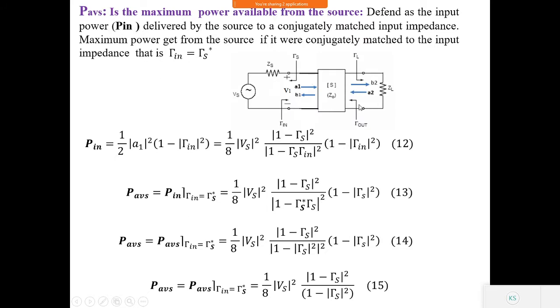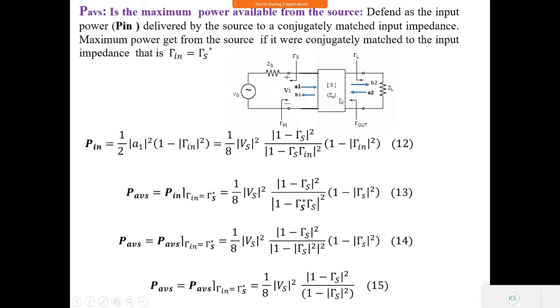It is P_in, but under the conjugately matched condition, that is Γ_in equal to Γ_s conjugate. That is the maximum power. Practically, Γ_in may not be equal to Γ_s, but assuming it is matched, what is the power P_in delivered to the network? That is called P_AVS.